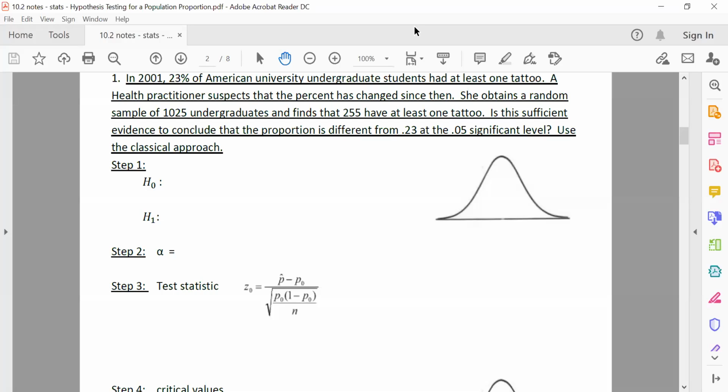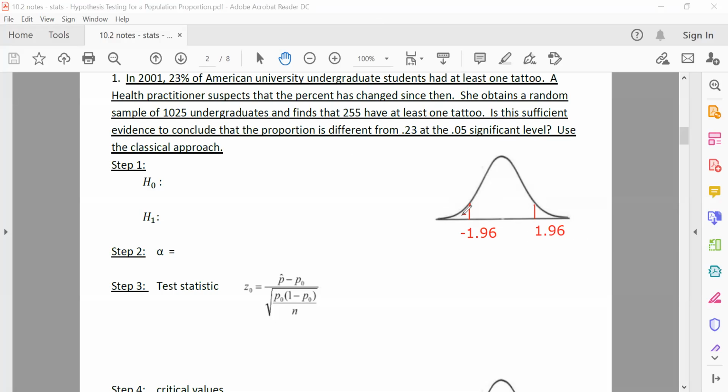So back to it once more, unto the breach. Unfortunately, it cleared stuff out. But anyways, so this z-score is going to be negative 1.96. This z-score will be positive 1.96.